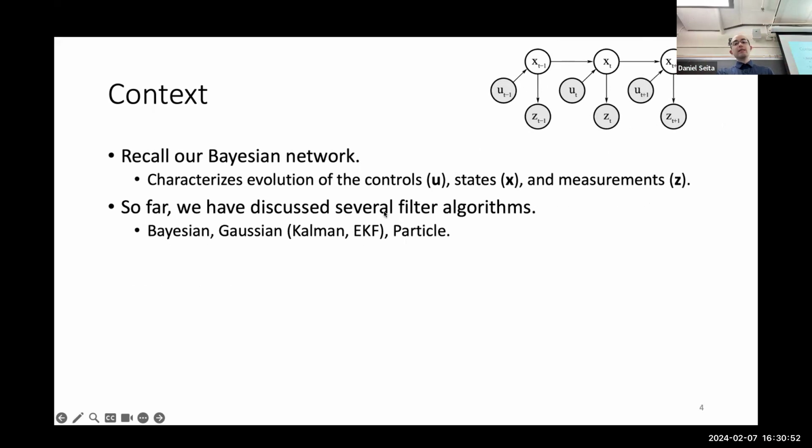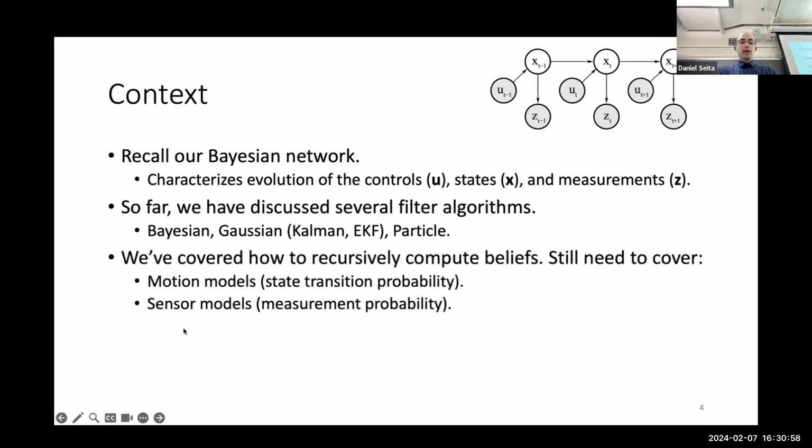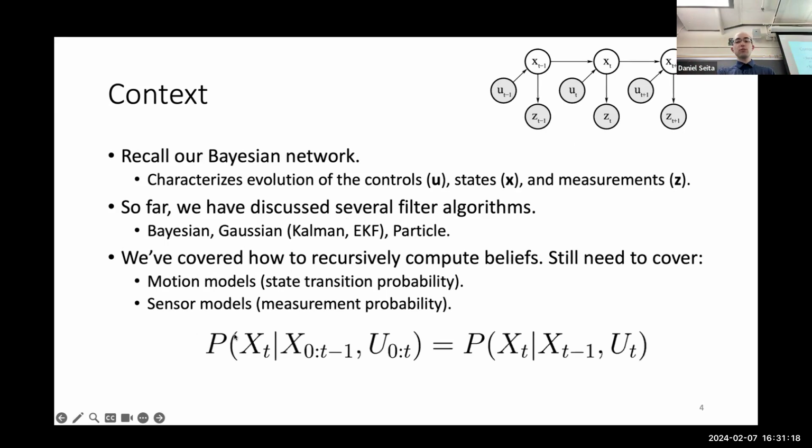So far we have discussed several filtering algorithms. But in order to actually implement them, unless someone is just giving you all the information that you need, you will have to implement stuff related to the motion model and the sensor model. Another way to think of motion models is as the state transition probability.